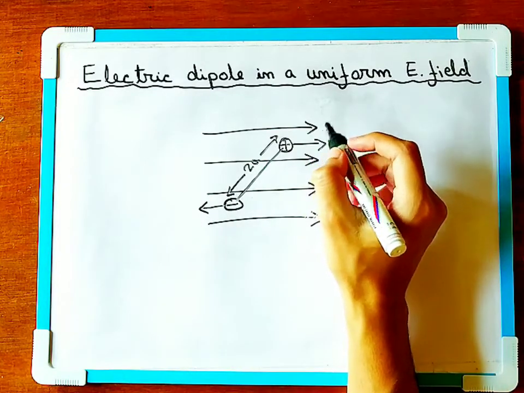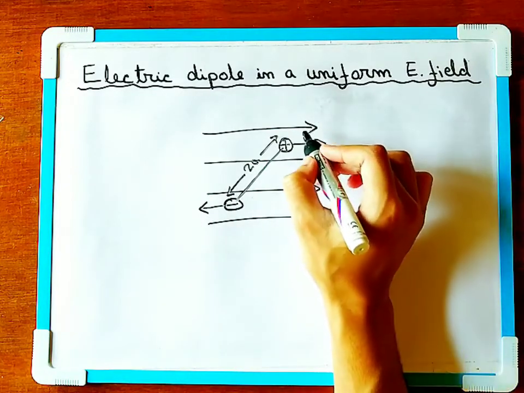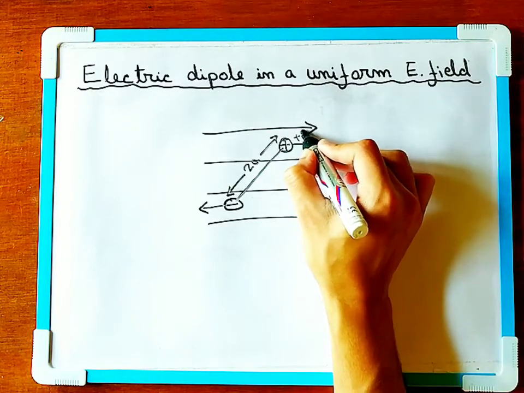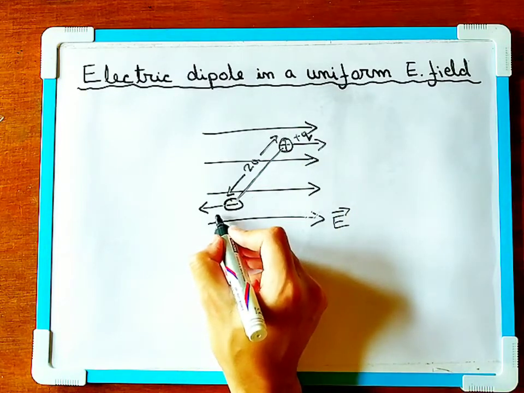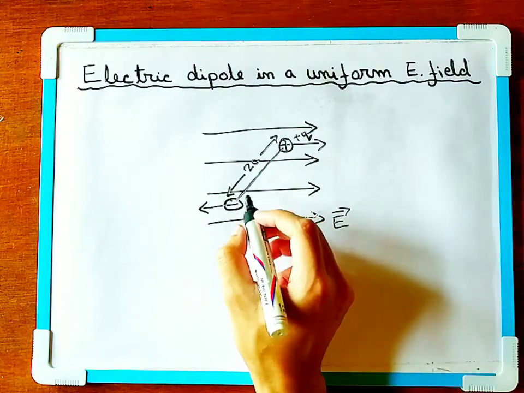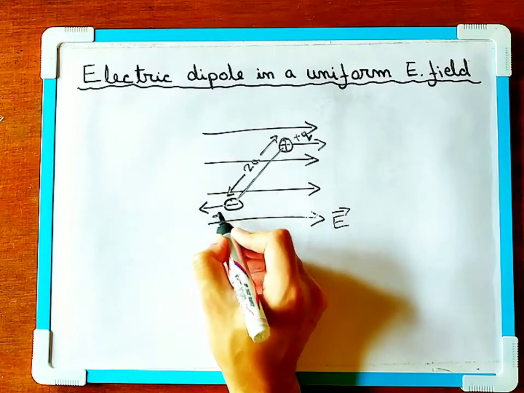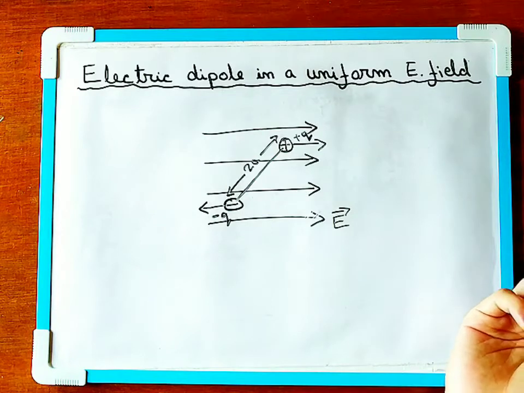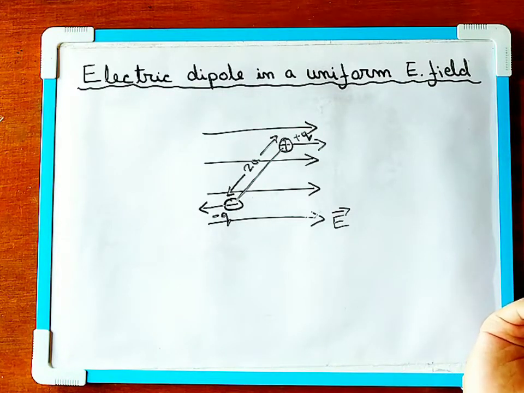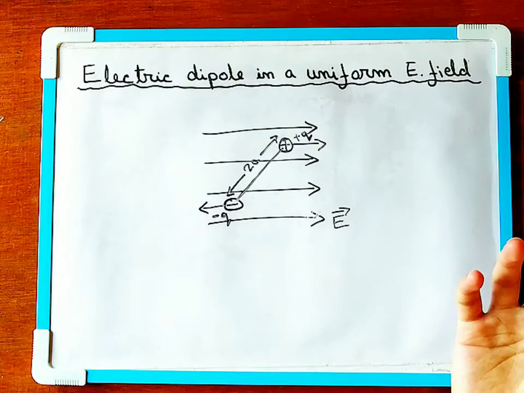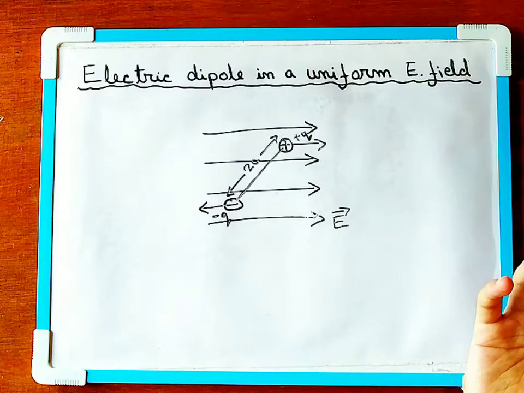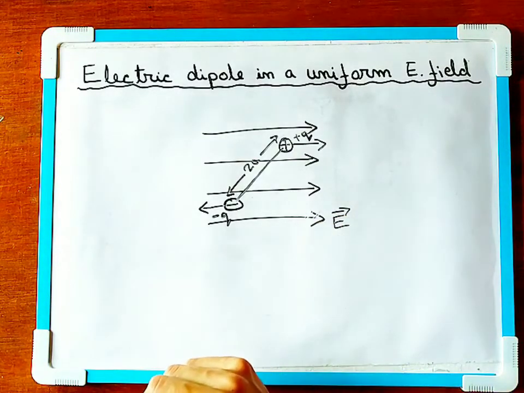So I'll write it here: plus Q, and the strength of this charge here is minus Q. So here we have an electric dipole of charges minus Q and plus Q separated by a finite distance 2a, and a is the distance of either charge from the center of the dipole.